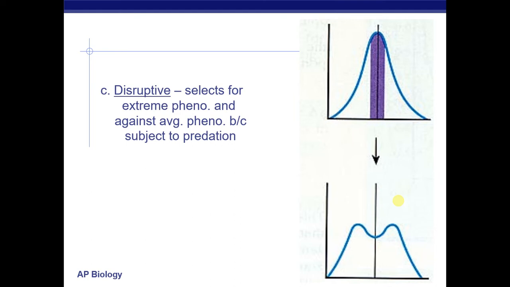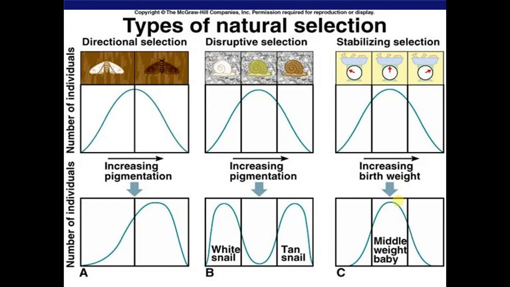In this situation, either extreme is equally desirable. So we tend to see a pattern like this, where over time the mean or average phenotype is selected against. Here is an example of directional, disruptive, and stabilizing selection.